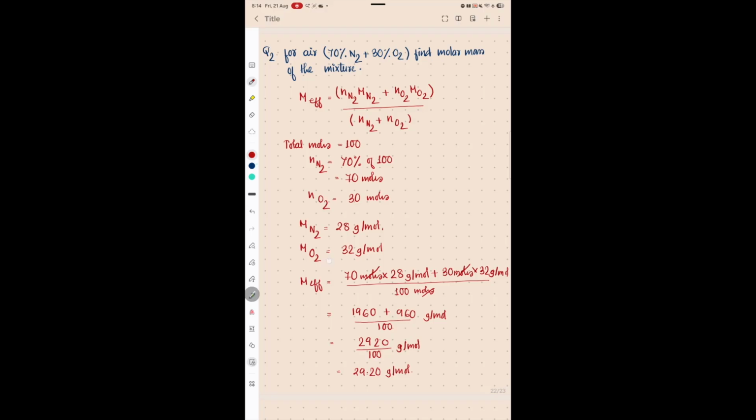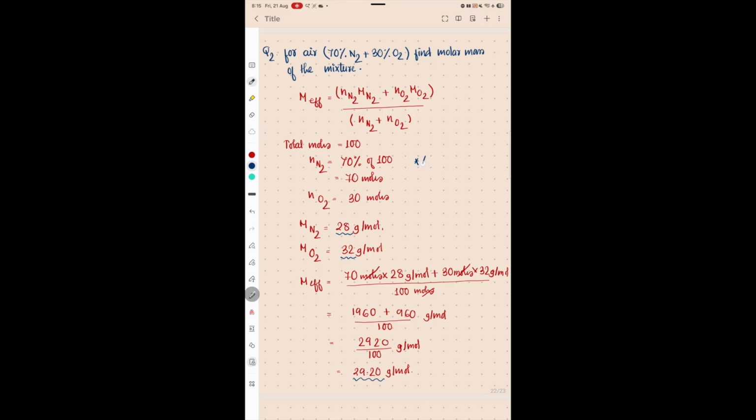So from here we can find an interesting fact. See, the effective molar mass is 29.20, right? And the molar mass of oxygen is 32 and the molar mass of nitrogen is 28.